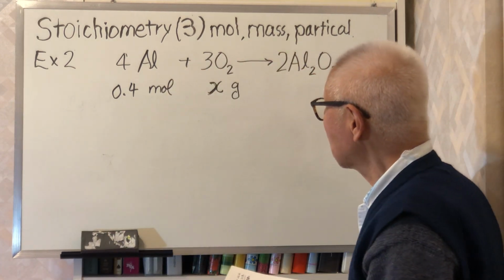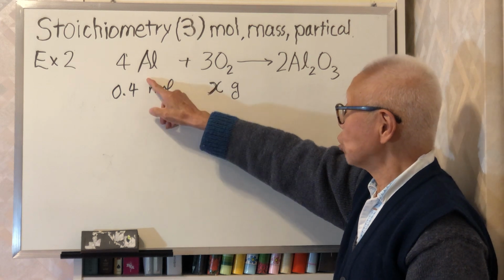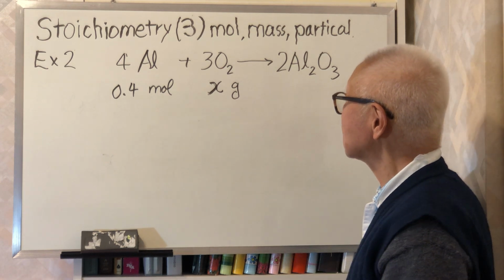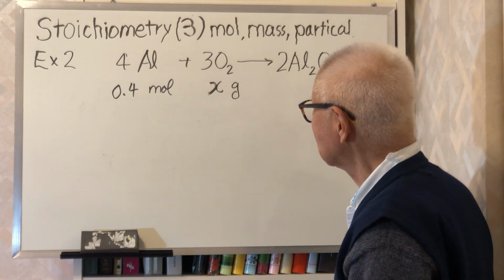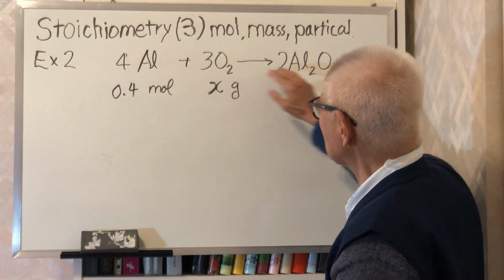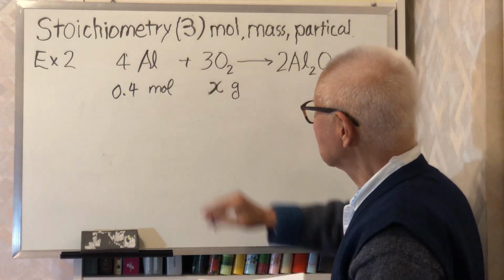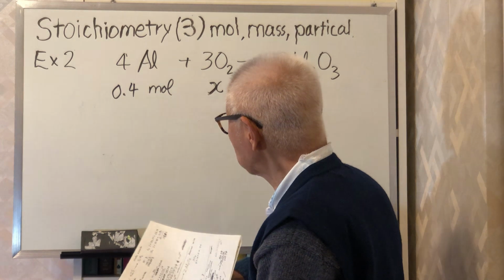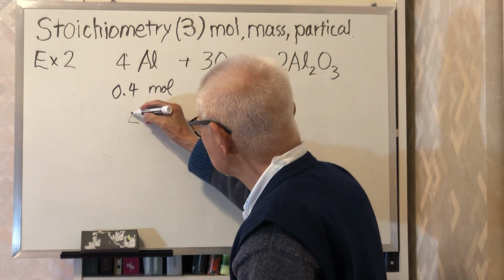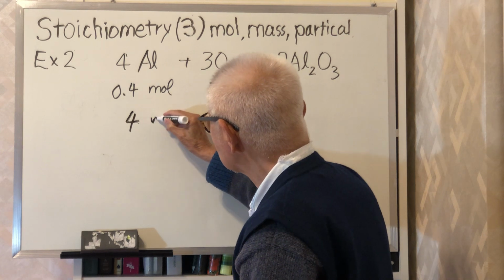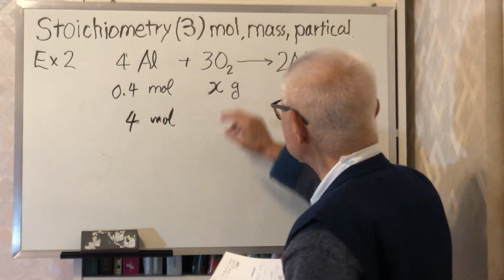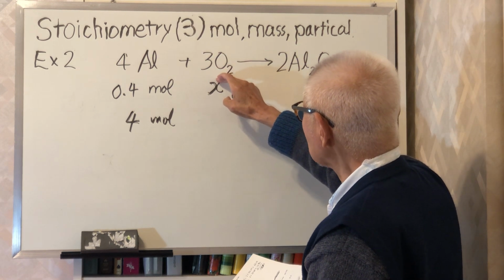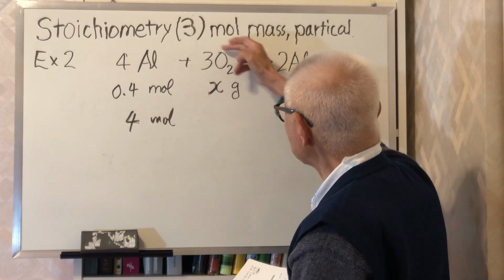In this question, the given is how many moles. The unknown is how many grams. Now from the reaction equation, if I have 4 moles here, then I need this many grams of oxygen. So what is the gram number for this?